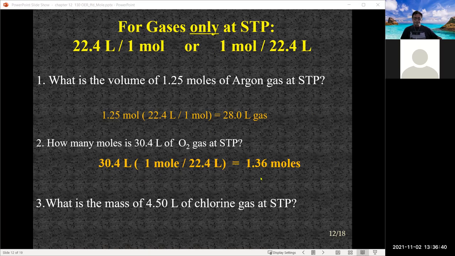And I say that for a reason, because sometimes if you inadvertently plug that number in, and let's say instead of dividing, you multiply, well, that gives you about 681 liters.